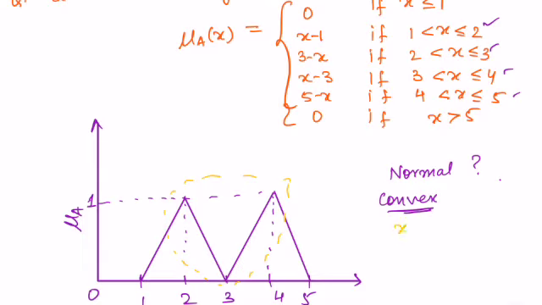Let us take, say, x equal to 2.5. Then what should I take for y? Or you can choose any other x, y and give me the value of t, which is lambda x plus 1 minus lambda y, so that it comes out to be non-convex.